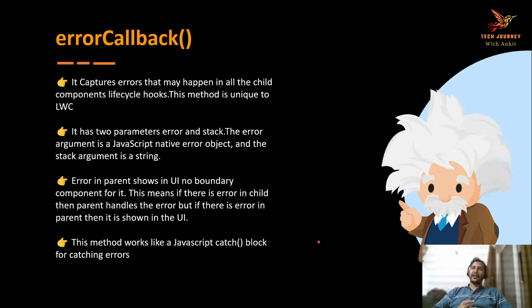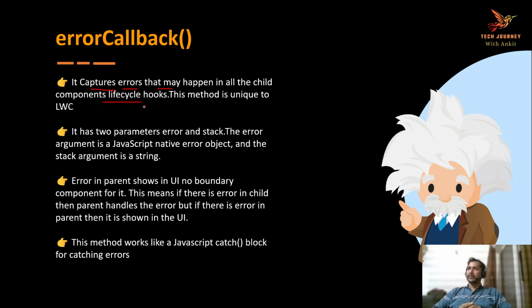Last one is the error callback. This is the last lifecycle hook method. Now, what is the error callback? This method is used to capture the errors that may happen in the lifecycle hooks of all the child components. It is more like a try-catch block that we have in our Apex programming. With the help of this error callback, we can catch all the errors coming from the child component.